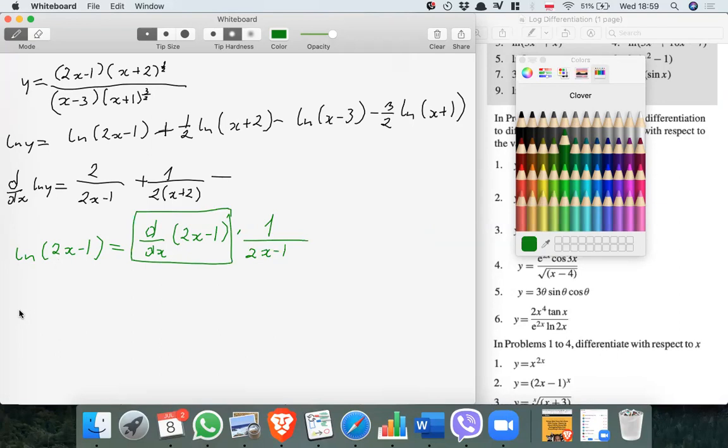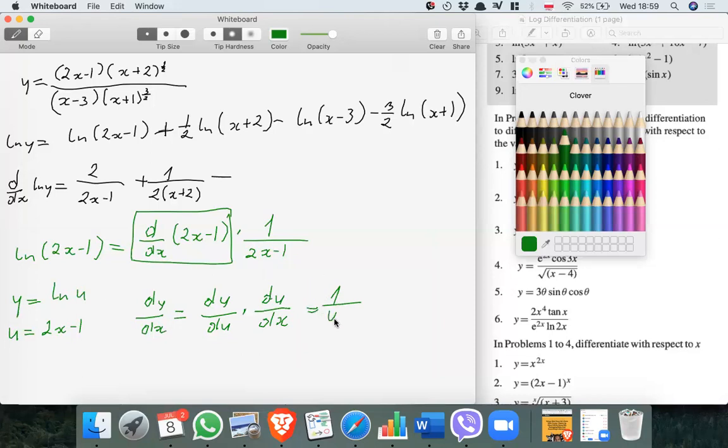In other words, to explain it, I'm dealing with function y, which is equal to natural log of u, and u, which is equal to 2x minus 1. And by chain rule, dy/dx equals dy/du multiplied by du/dx. So dy/du is just the derivative of natural log, which is always 1 over the expression in the logarithm.